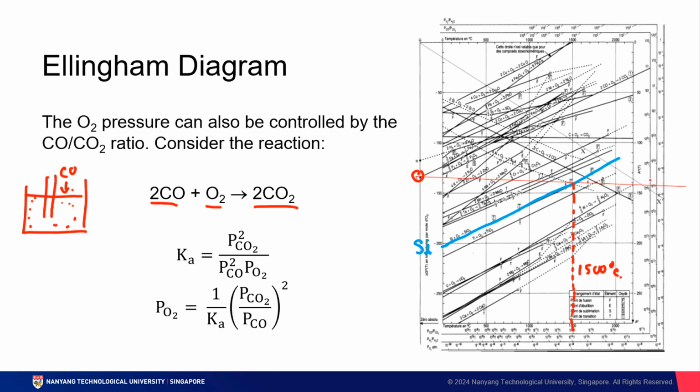And from here, we can read the ratio through this very first scale to give us the PCO2 to PCO ratio.